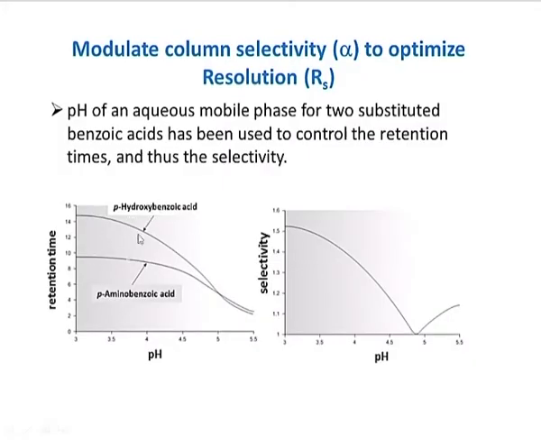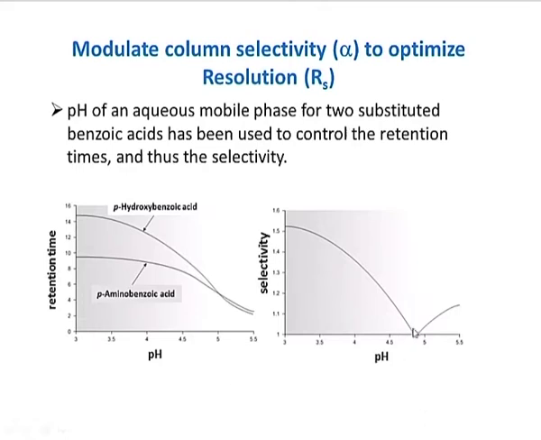You have these two components here, one is para hydroxybenzoic acid and another is para aminobenzoic acid. Now, both of them are being eluted in water. So, it means their polarity is almost the same, and hence its interaction with the stationary phase and mobile phase are going to be more or less the same.